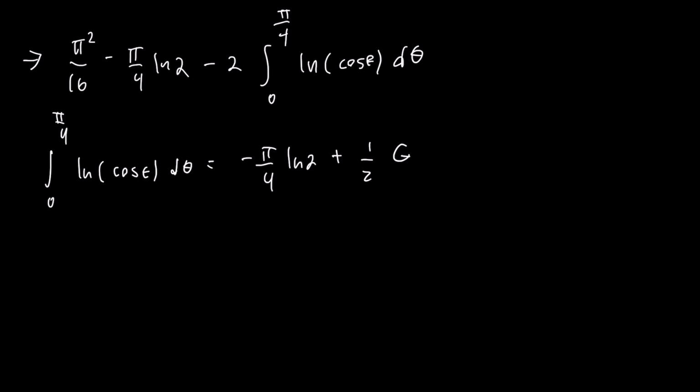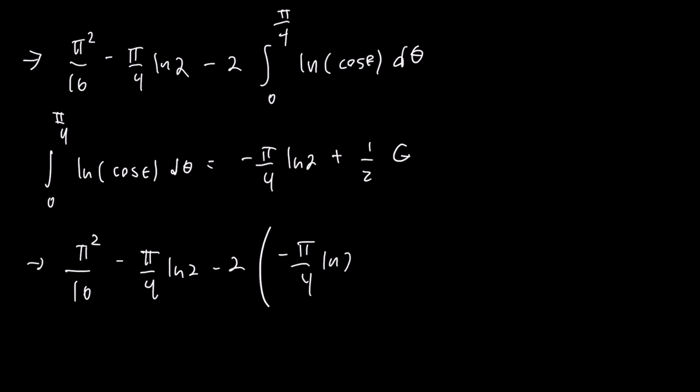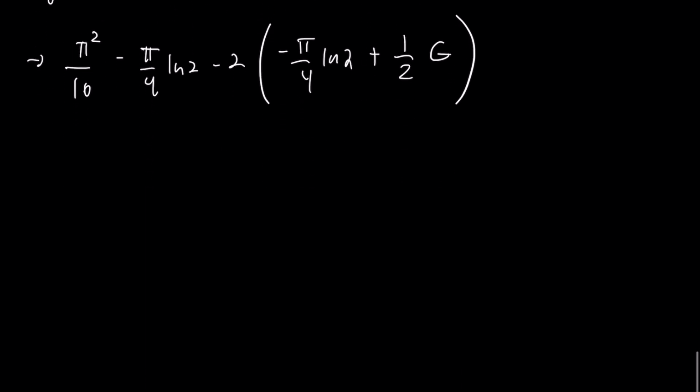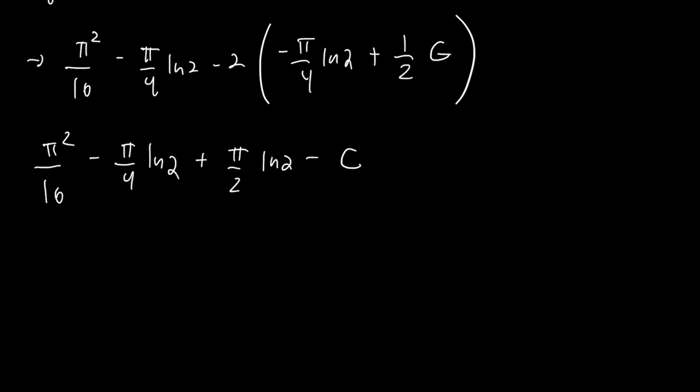So using this result, we have pi squared over 16 minus pi over 4 log 2 minus twice of negative pi over 4 log 2 plus 1/2 of Catalan's constant. So we have pi squared over 16 minus pi over 4 log 2, and we'll have a plus pi over 2 log 2 minus Catalan's constant.